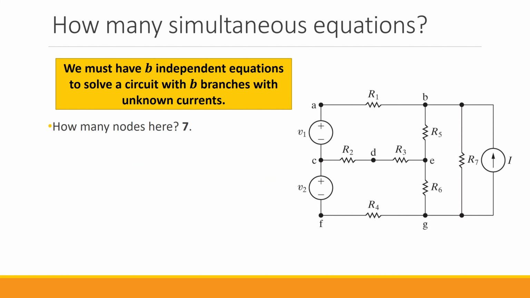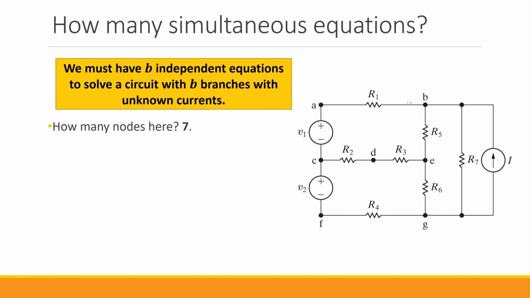So how can we come up with those 9 equations? The answer is, how many nodes do we have? Based on the nodes, we can write the KCL, Kirchhoff's current law, for each one of these nodes individually, and use those as part of the equations that we want to solve. How many nodes do we have here?